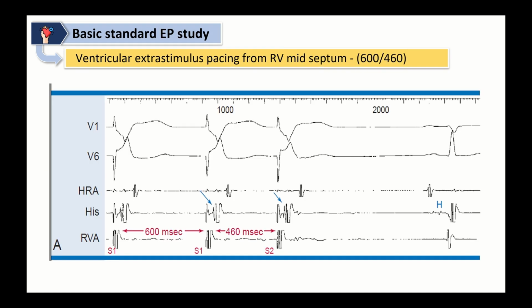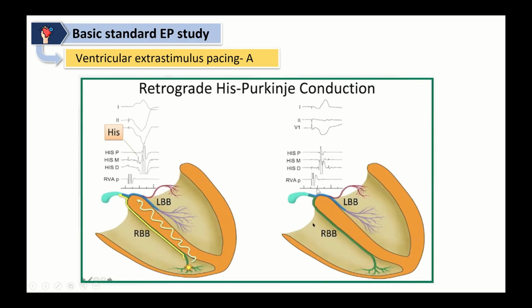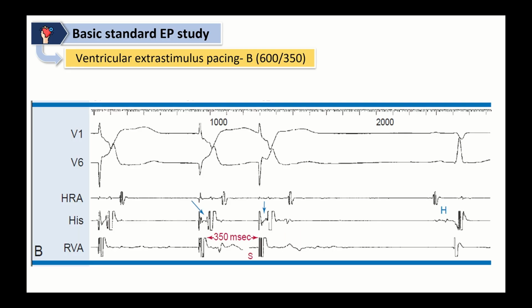Now let's go to an amazing example when we give a ventricular extra stimulus from the mid-septum at a coupling interval of 460 milliseconds. We can appreciate SC2 from the RV catheter. H comes very early and the VA interval is very short. Then we give SC2 at a shorter coupling interval, 350 milliseconds.